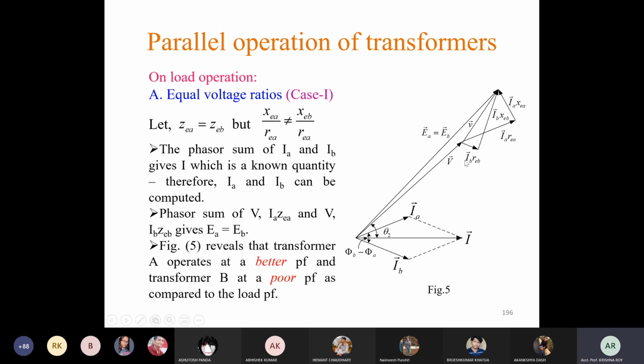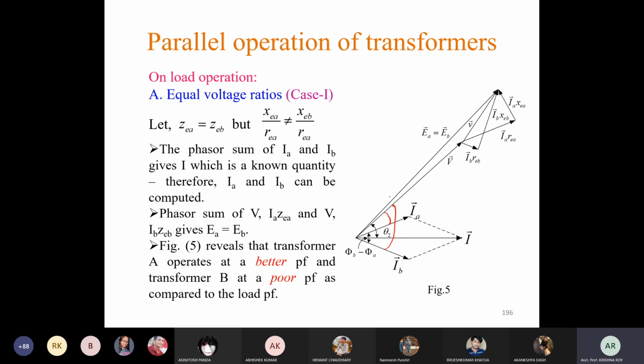Now from this phasor diagram, we can see that the power factor angle of transformer A is this angle, and the power factor angle of transformer B is this angle.